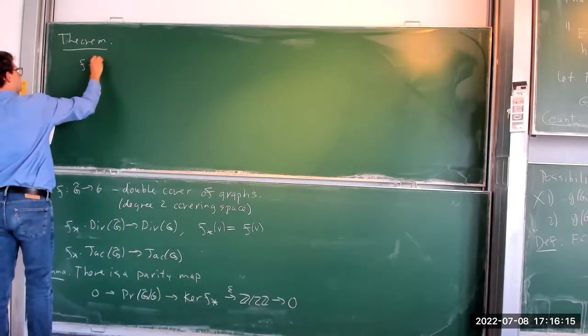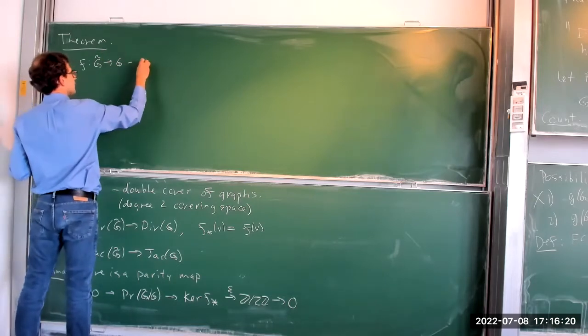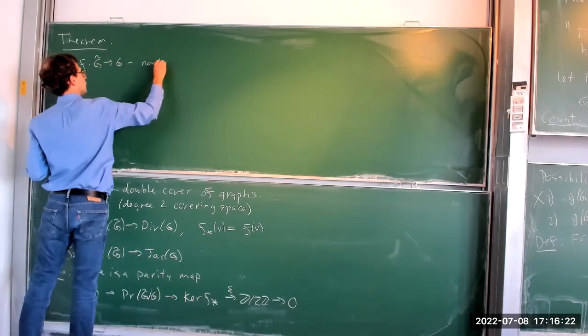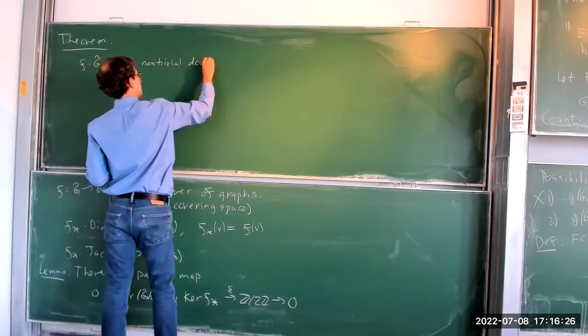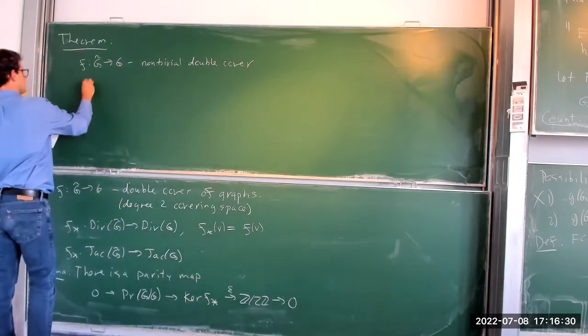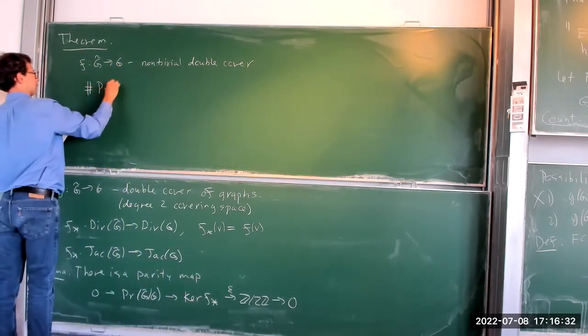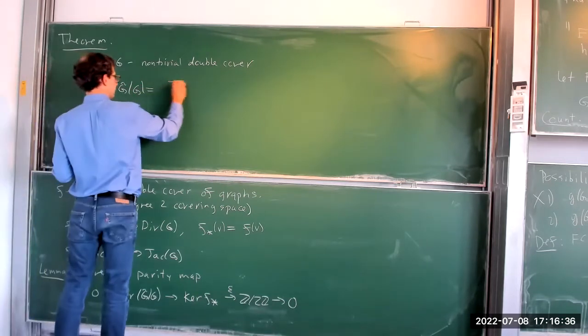If f from G tilde to G is a, well, I'm always considering non-trivial, I could have said this, connected double cover, then the number of elements in the Prym group is the following sum.